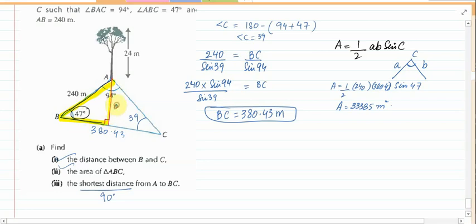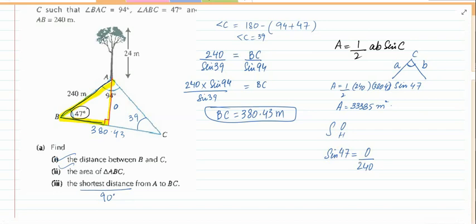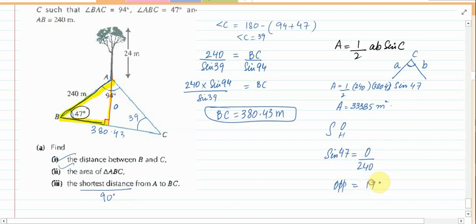So let's say it's O. Opposite and hypotenuse come in sine. So sine 47 is equal to opposite, that is distance, divided by hypotenuse, that is 240. So sine 47 is 0.73 times 240, it's 175.5. So opposite is equal to 175.5 meters, and that is the shortest distance.